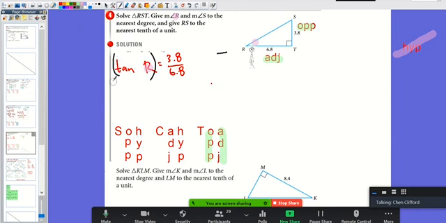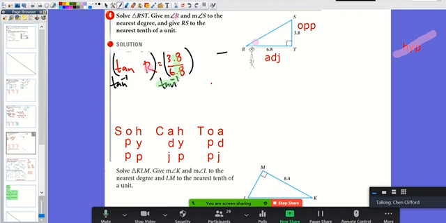This is going to be inverse tangent to get rid of tangent. Inverse tangent. Okay. So now you literally just plug this green into your graphing calculator. You just press second tangent of 3.8 over 6.8, and you get 29.20.